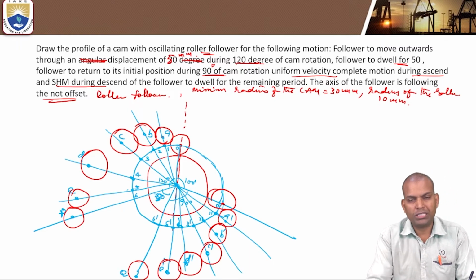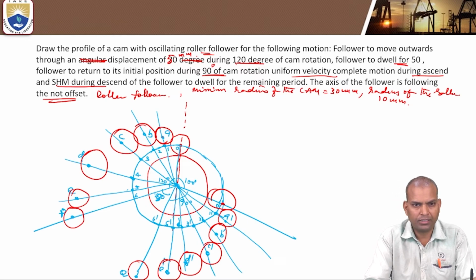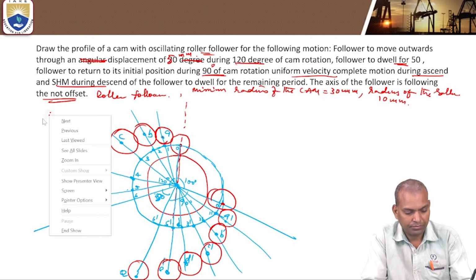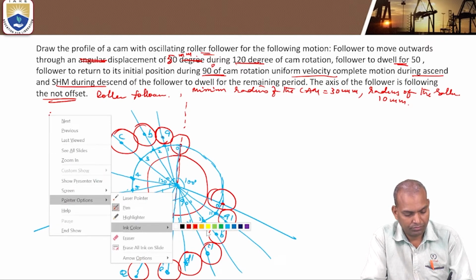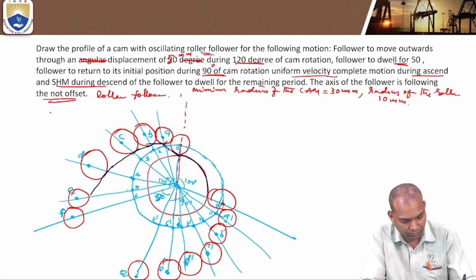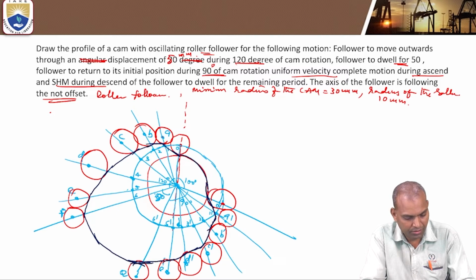Now if you draw a curve passing through the surfaces of all rollers, that curve represents the profile of the cam. That is the cam profile. Okay, this is the way. This is the cam profile.